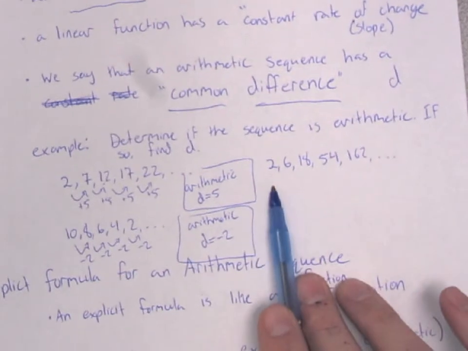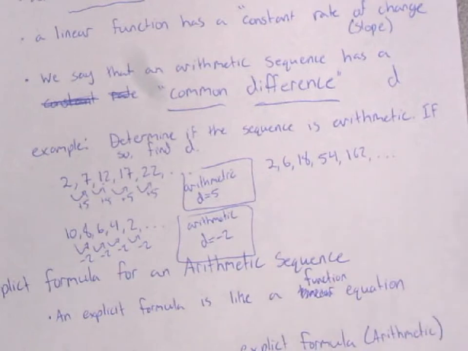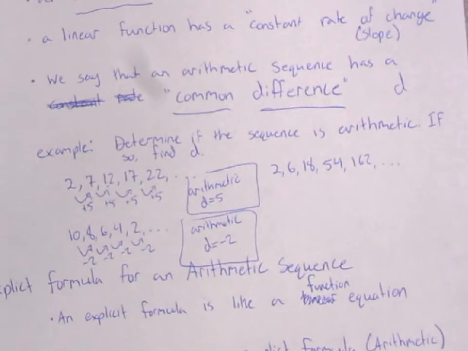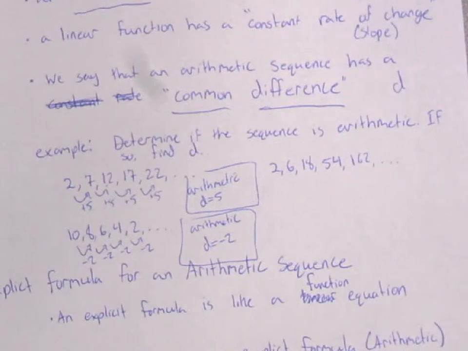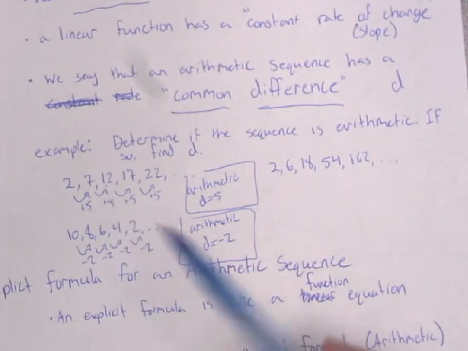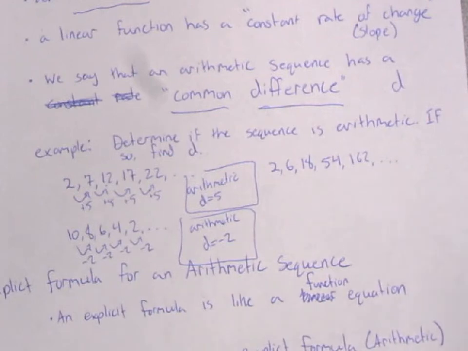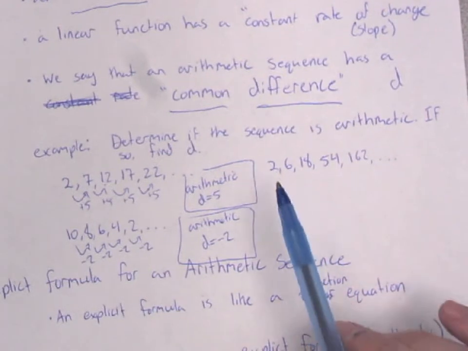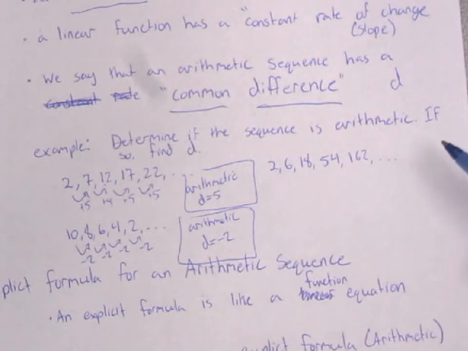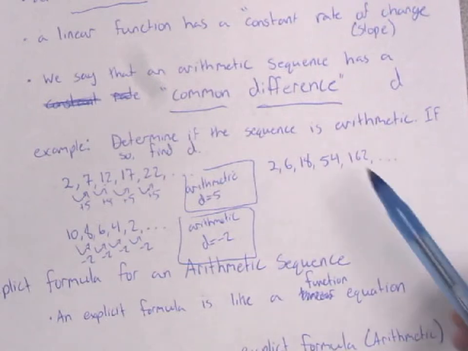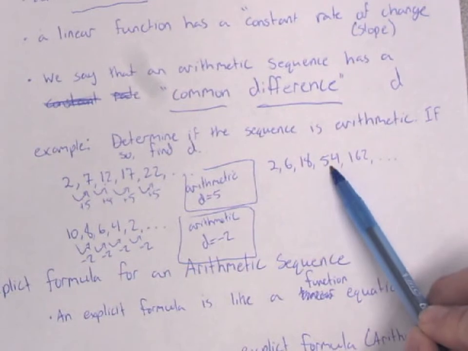This one here doesn't have a constant rate of change. It doesn't have that common difference. Let's talk a little about that phrase common difference. Difference usually means subtract, so why are we using subtraction if we're adding most of the time? It has to do with how we find that number. If you think 2 plus what equals 6, you say, oh, it's 4. But sometimes with bigger numbers that gets hard. 18 plus what equals 54?